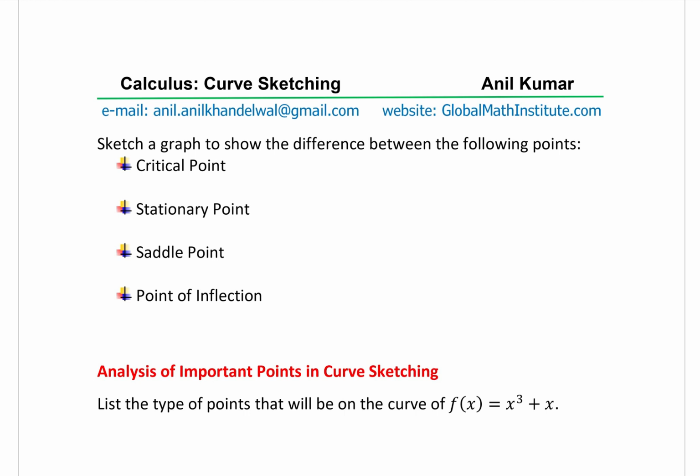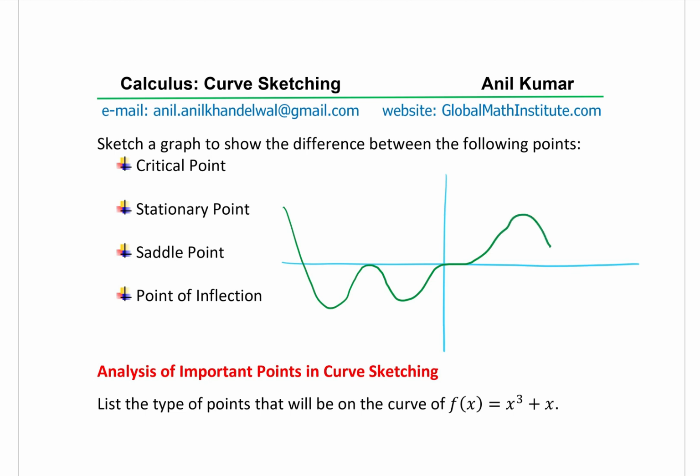So let's now consider a graph. I will just draw a random graph here, and we will consider different kinds of points on this particular graph. So let's say we have a function which is kind of like this.